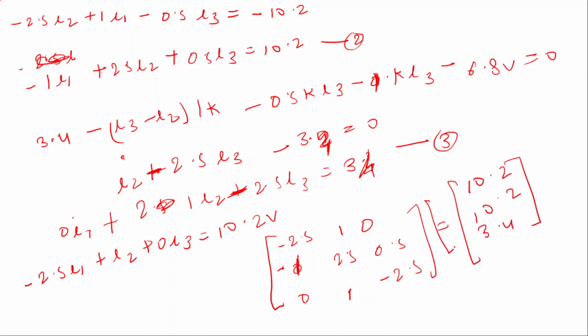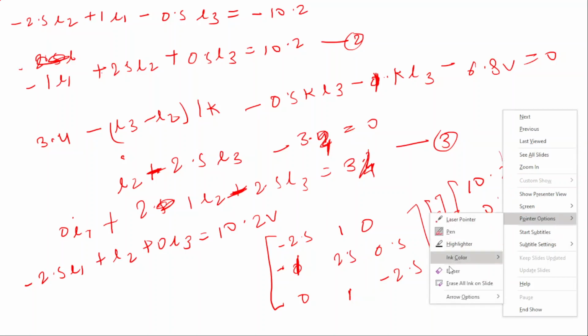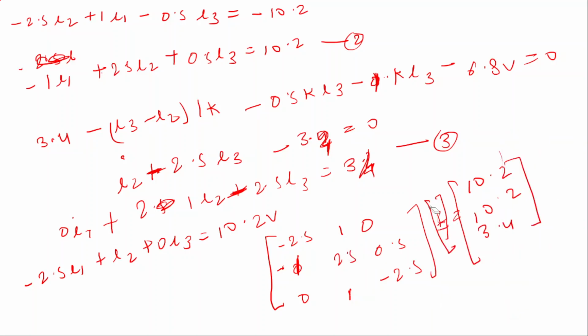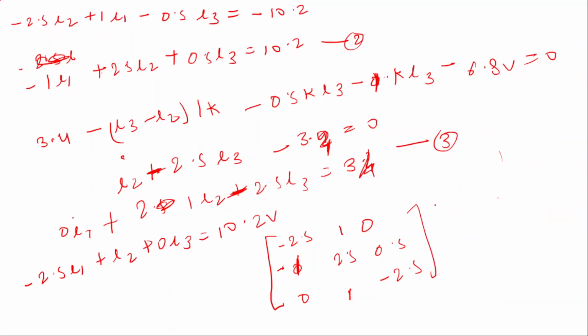This is multiplied by the I matrix, that is our I1, I2, I3.